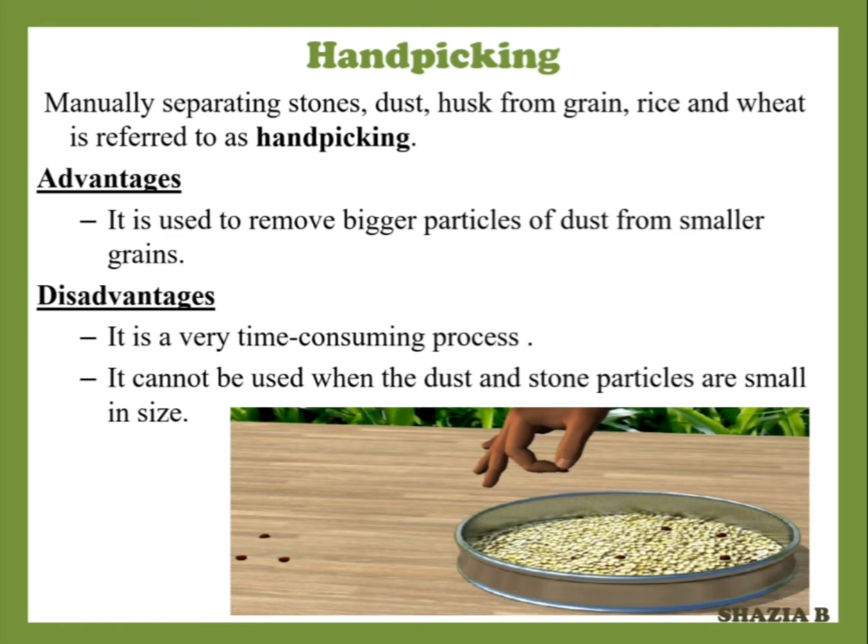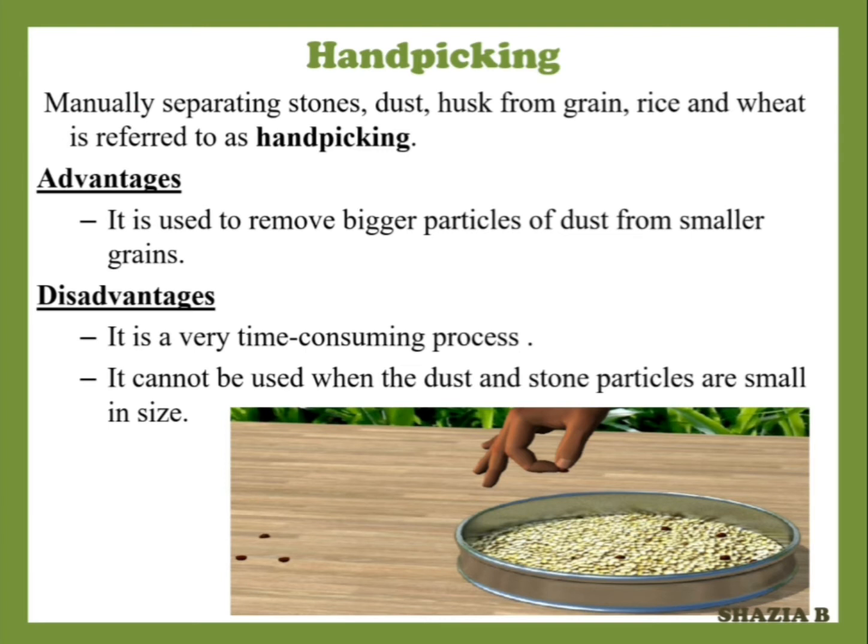But along with that it also has certain disadvantages. That is, it is a very time consuming process. We cannot sit the whole day removing these types of dust particles or waste particles, right? And it cannot be used when the dust and stone particles are smaller in size. That is, this process is not very convenient for tiny particles like powdered substances.